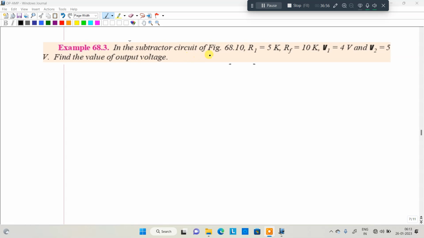In the subtractor circuit shown in the figure, R1 is 5K, Rf is 10K, V1 is 4 volts, V2 is 5 volts. Find the output voltage.